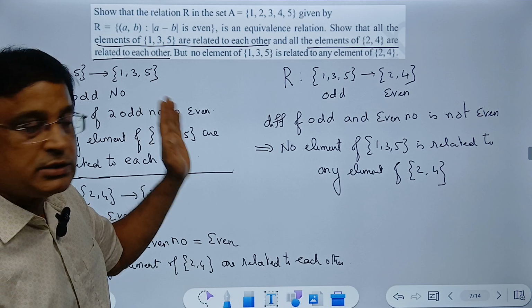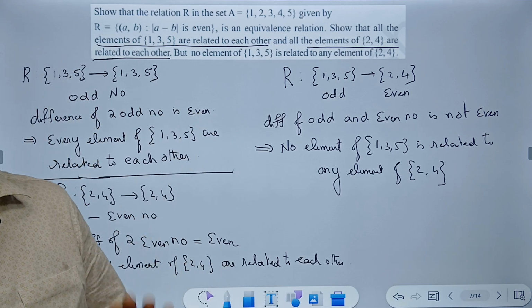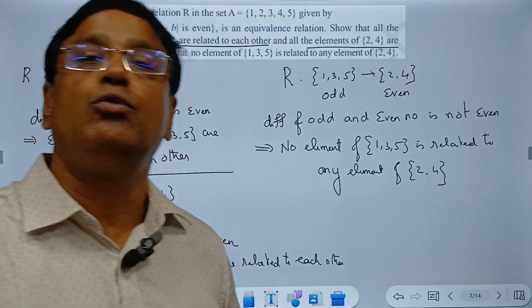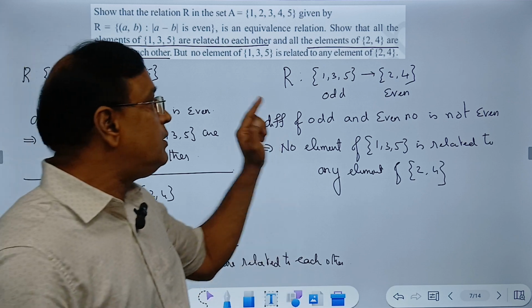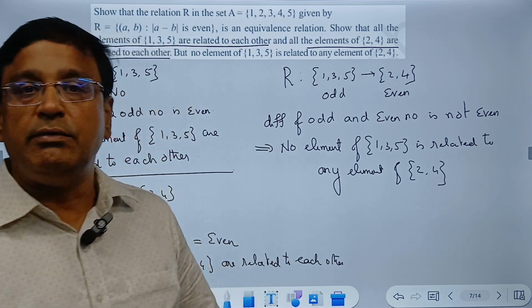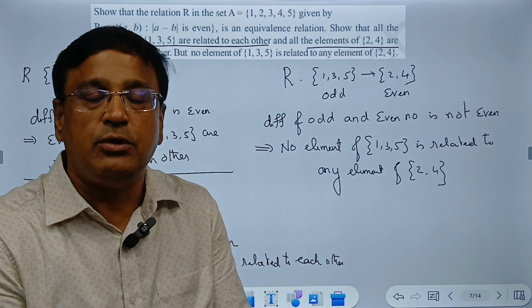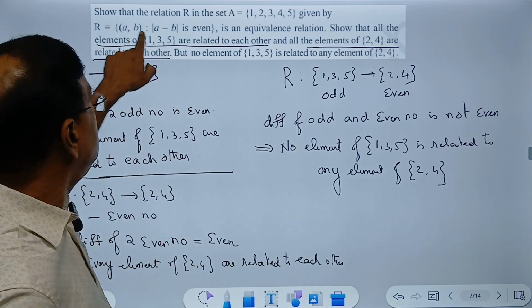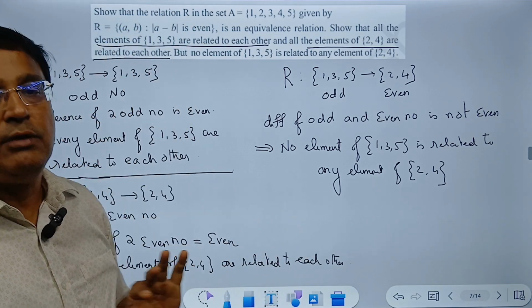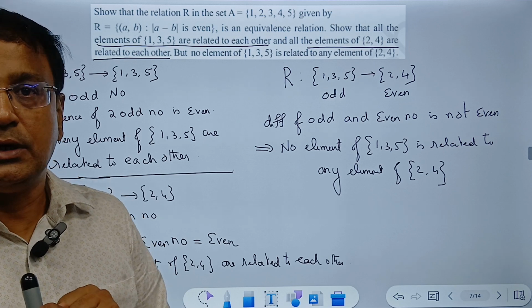It's an equivalence relation. Whereas no element of {1, 3, 5} is related to any element of {2, 4} because {1, 3, 5} is odd, {2, 4} is even. If you subtract an odd number from an even number, you will not get an even number. So it does not satisfy the definition of your relation. Is that clear?